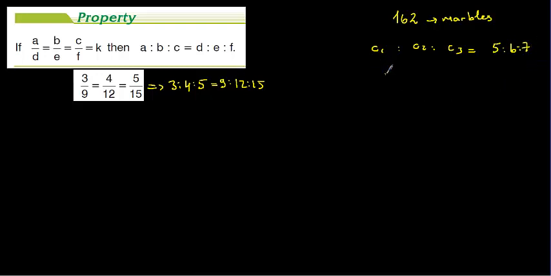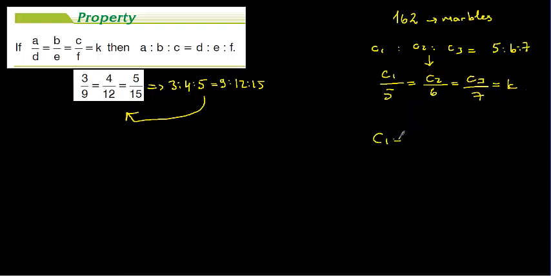Which means child 1 over 5 is equal to child 2 over 6 is equal to child 3 over 7. And if their ratios are equal to one number k, then child 1 over 5 is equal to k, and this means child 1 is equal to 5k.